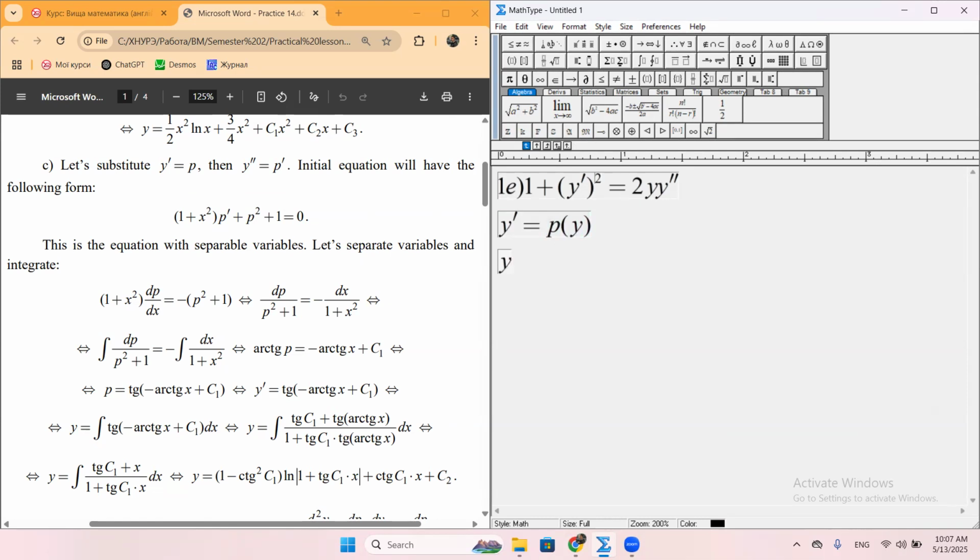So y double prime will be equal, we have to differentiate this p: dp by dy multiplied by dy over dx.